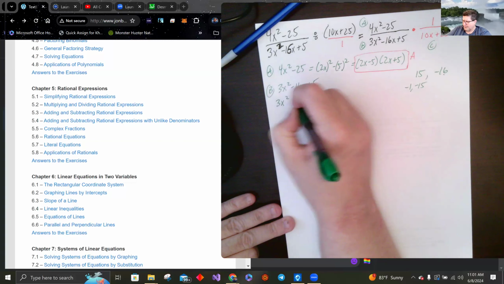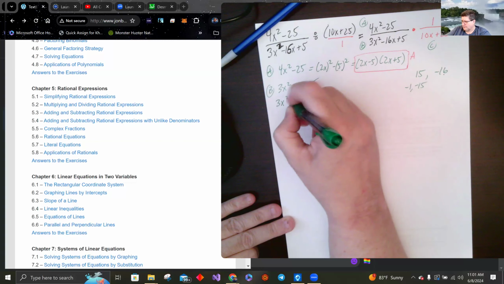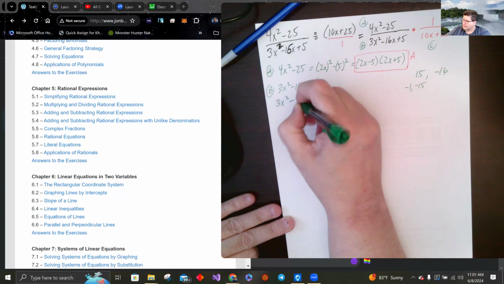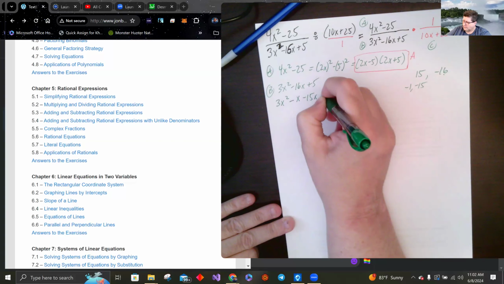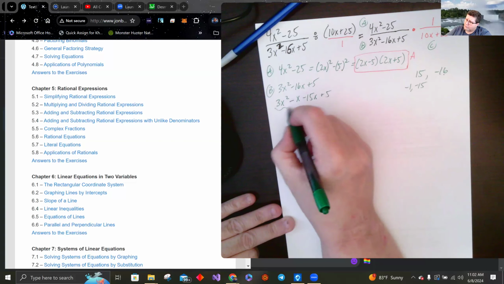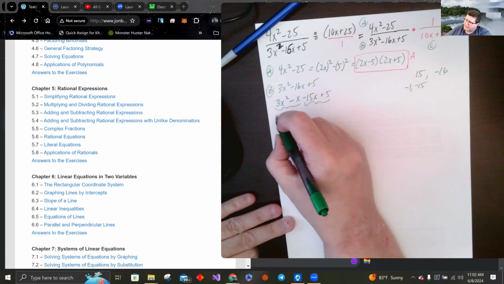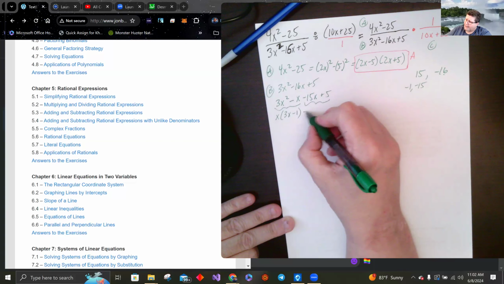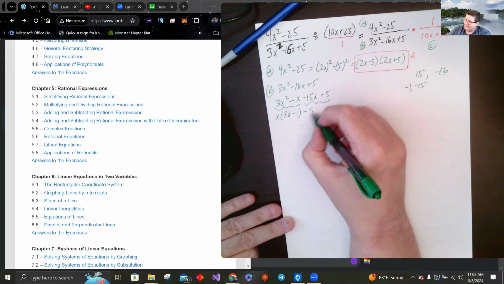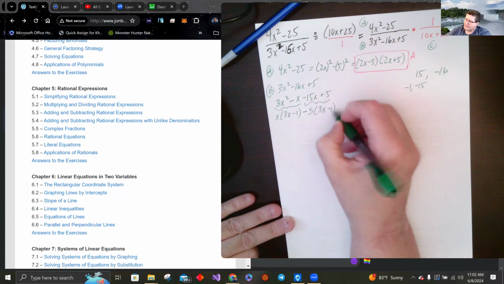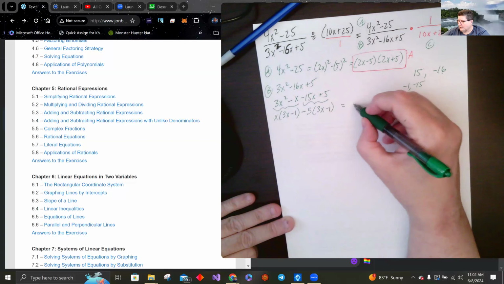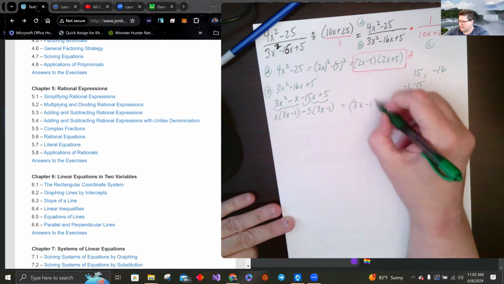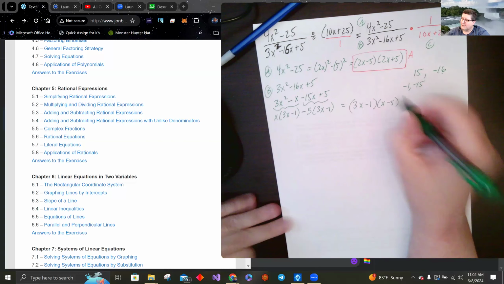So we're going to have to do this by grouping. Group. This is x times 3x minus 1. I will pull out a negative here, and it looks like they have a 5 in common. 3x minus 1. We get 3x minus 1 times x minus 5. That's B.